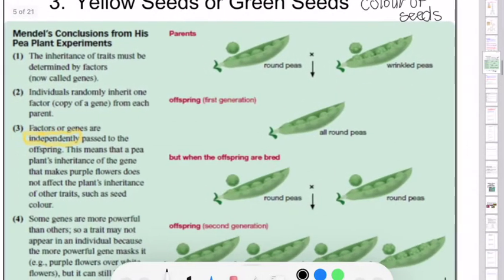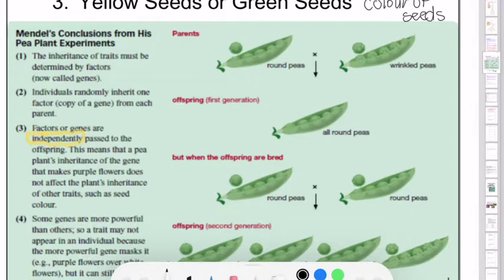They show us an example here of round peas being crossed with wrinkled peas, and all of the offspring become round. So by looking at that, we know that round would be dominant over wrinkled peas.